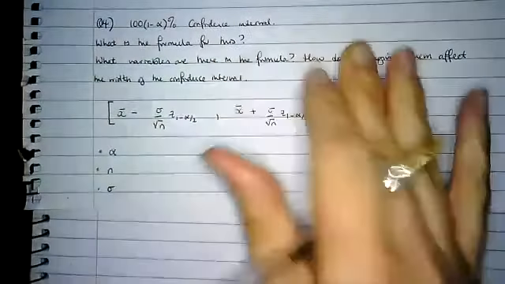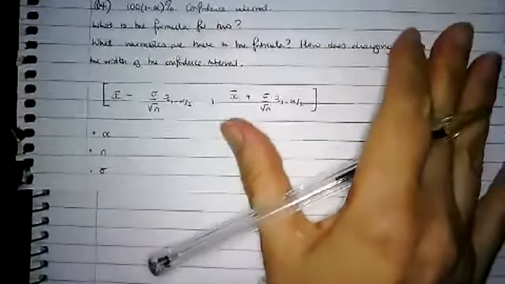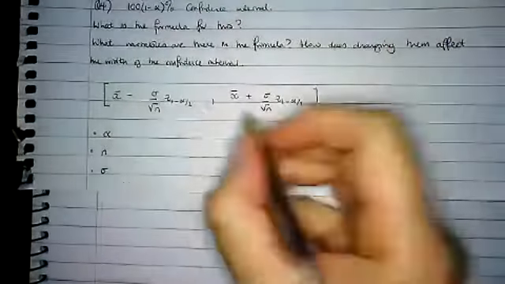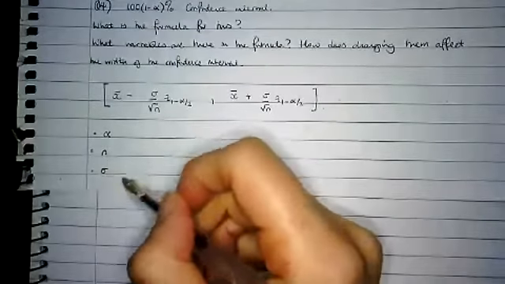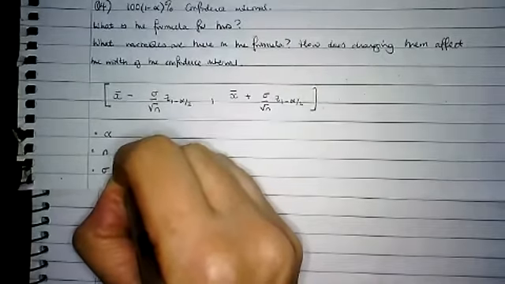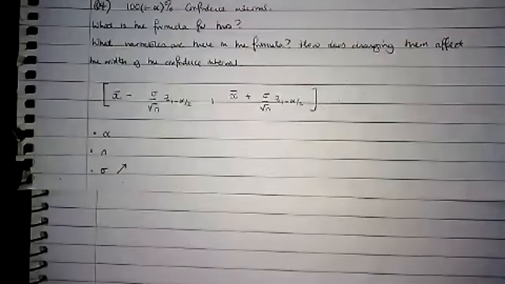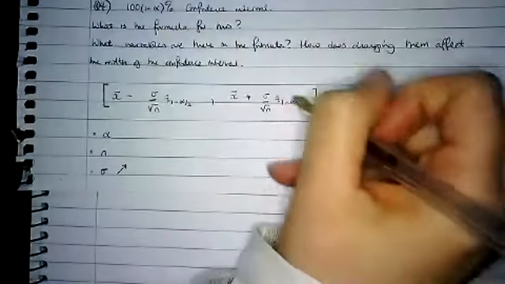Okay, so just looking at sigma, because I think sigma is maybe the easiest one there. If I've got a sample with a bigger standard deviation, so if sigma goes up, then the width of this confidence interval is going to get bigger, because if this factor is bigger, the amount that I'm subtracting off and adding on is bigger.